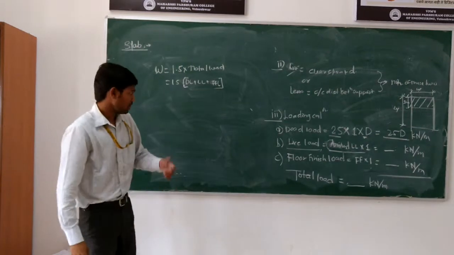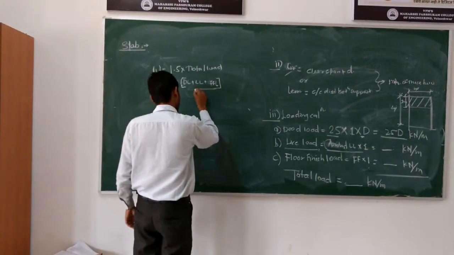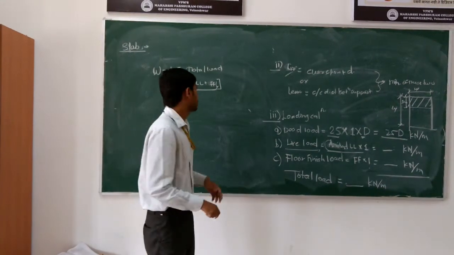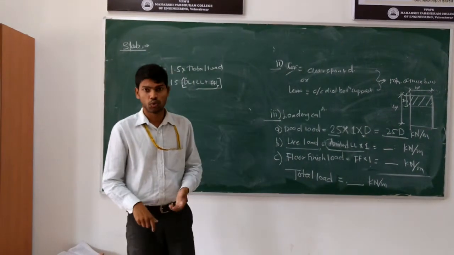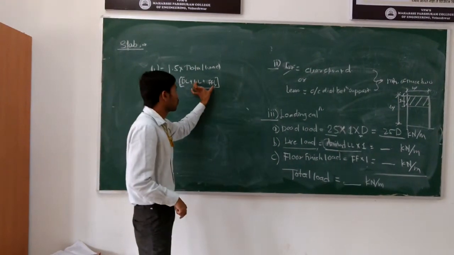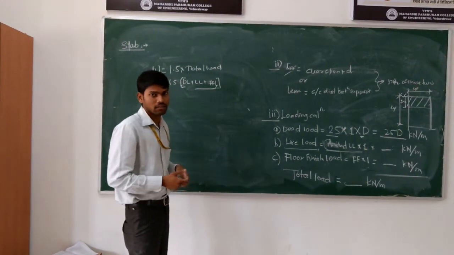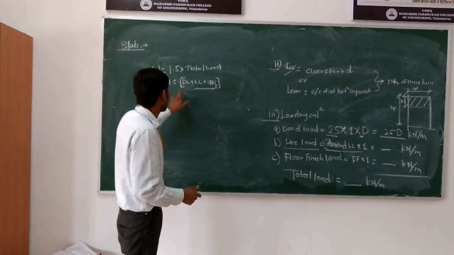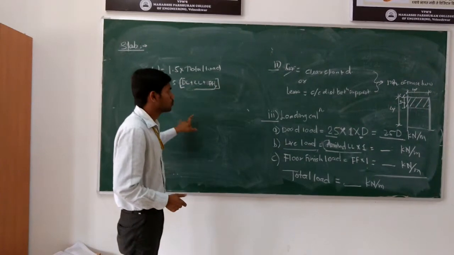Sometimes in the problem, the live load and floor finish are given combined, that is in the term of superimposed load. In case of superimposed load, both the live load and floor finish load are taken in the computation. So in that case, we calculate only dead load and the superimposed load.